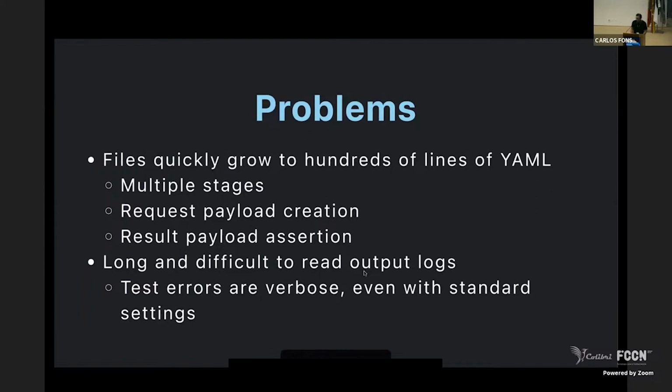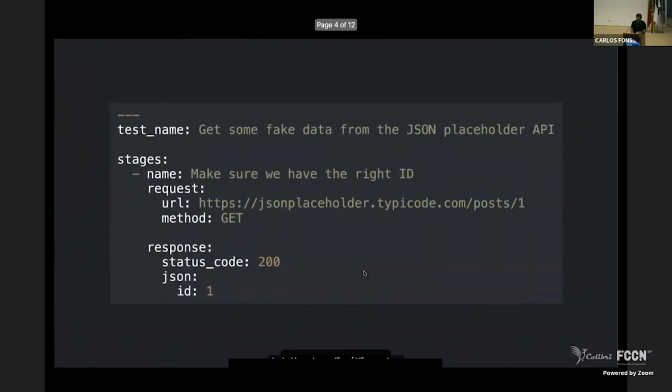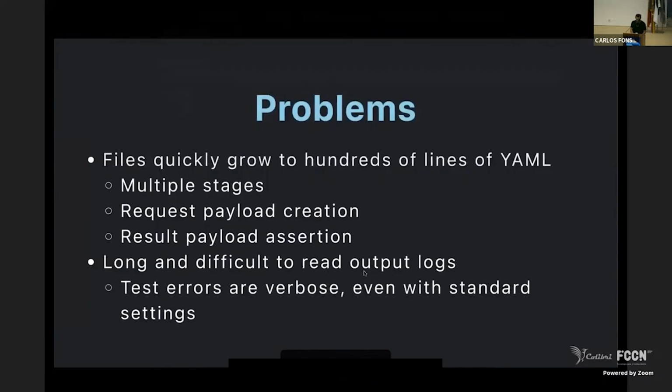And the YAML extension in VSCode wasn't really being helpful. And why do those files grow? Multiple stages. See, the example here just has 1 stage, but if you have 2, then all of these will be duplicated. 3 stages, duplicated, and so on.